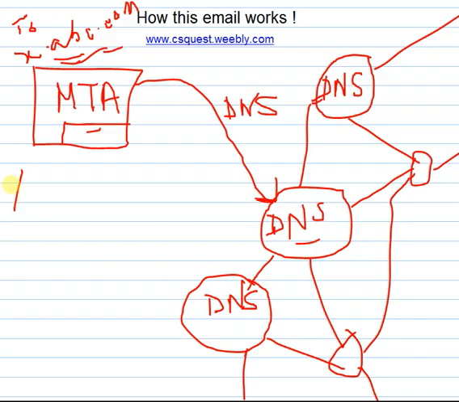So the email address is getting converted into an IP address. First of all, this DNS will check its cache memory.